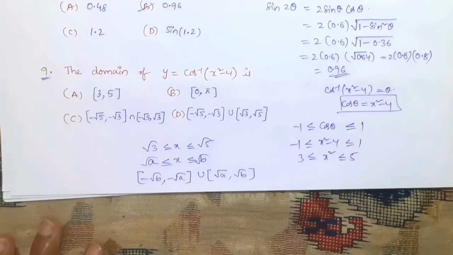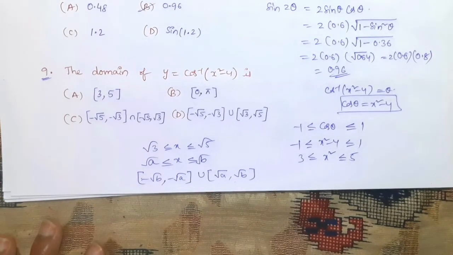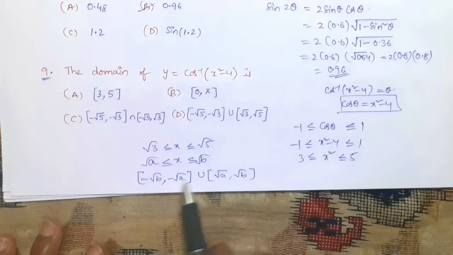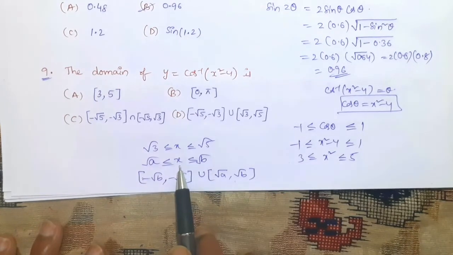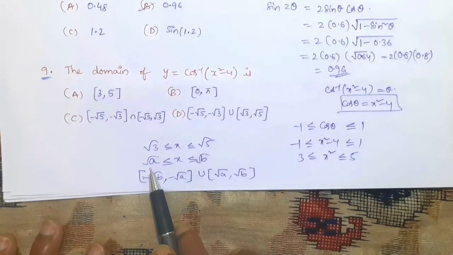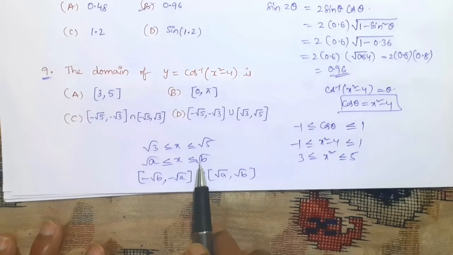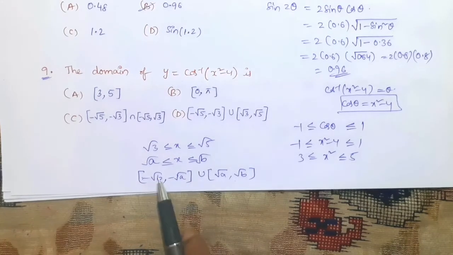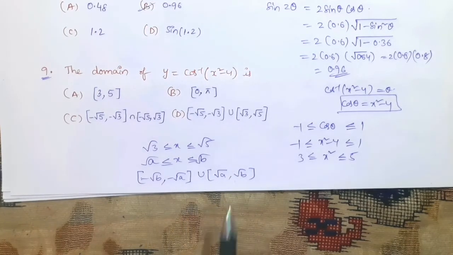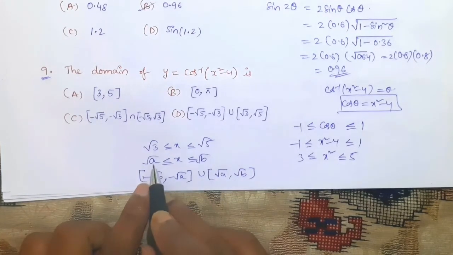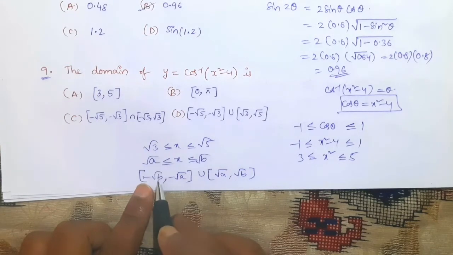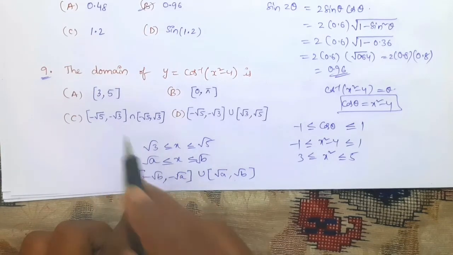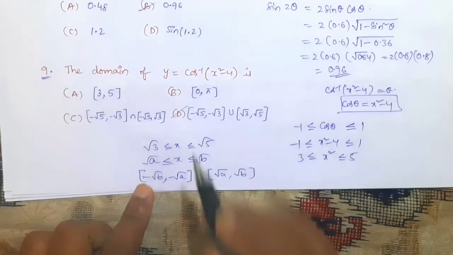Like this we need to write. Similar to a, root 3 is there, so minus root 5 to minus root 3 union root 3 to root 5. So this union part we need to take.